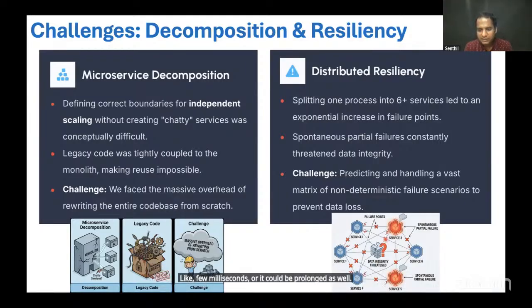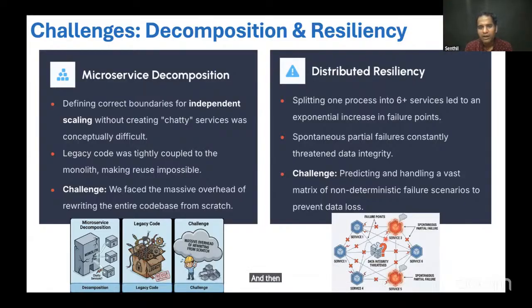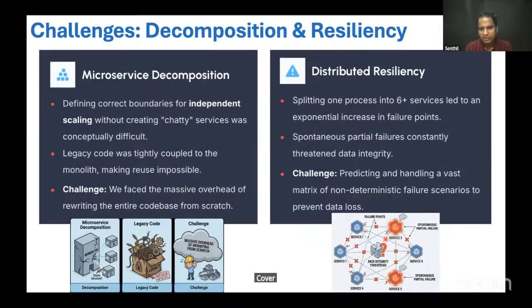So all the scenarios have to be taken into account. Like if the sidecar fails, what is the impact? If the coordinator fails, what is the impact? And it could be a transient failure or a permanent failure. So all those cases had to be considered, and then the solution had to be implemented. It was very challenging and a fun thing to do. And we have successfully done it. Now we have a lot of unit tests and integration tests covering all the failure scenarios.